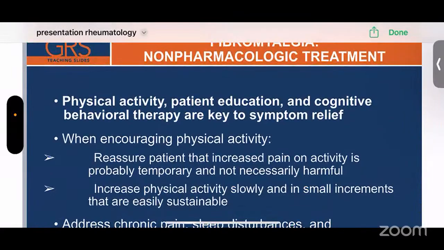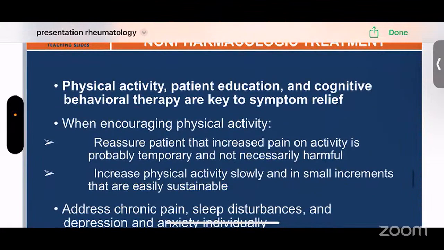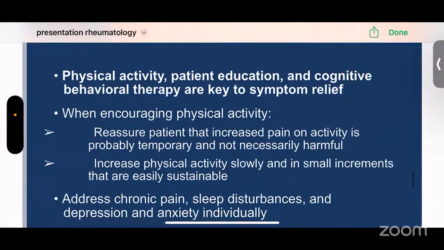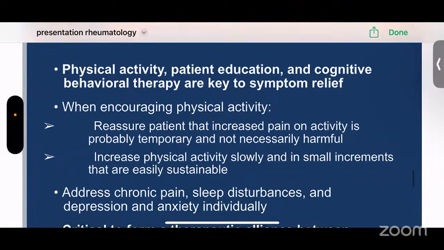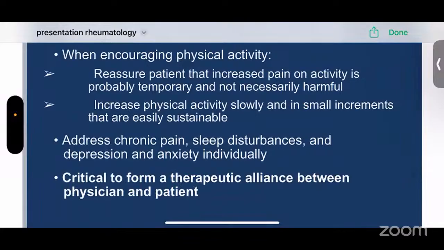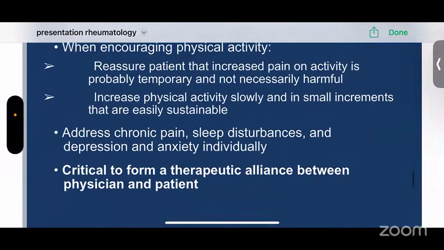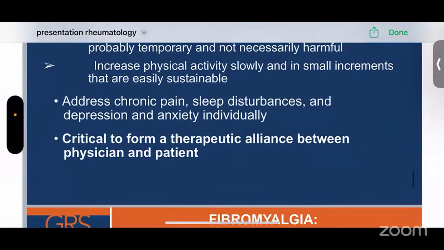When encouraging physical activity, reassure patients that increased pain on activity is probably temporary and not necessarily harmful, and increase physical activity slowly and in small increments that are easily sustainable. We must also address chronic pain, sleep disturbance, and depression and anxiety individually for each patient.